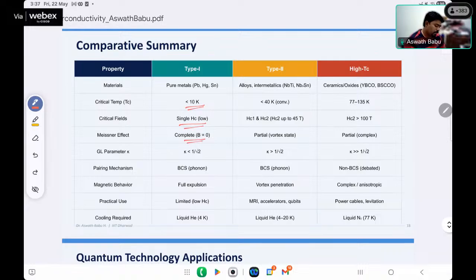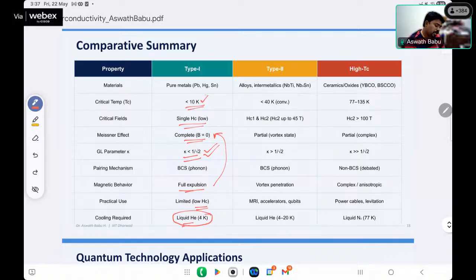The GL coupling parameter is something for solid state physics; people will not go for it here. There is full expulsion of magnetic field lines, that is B equal to 0, and a limited low Hc. No specific number is given right now. These low temperatures of a few Kelvin are achieved with liquid helium, which can go down to 4 Kelvin. What we need is anything less than 10 Kelvin.